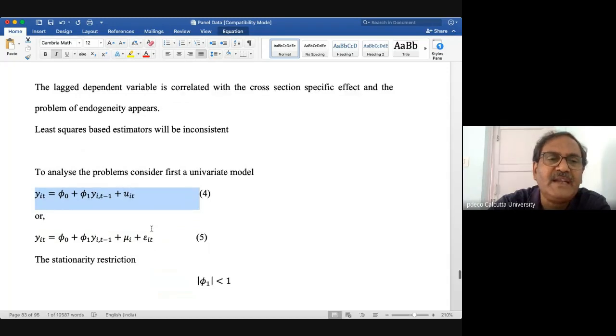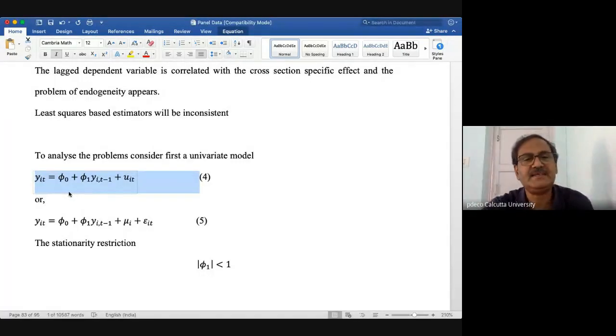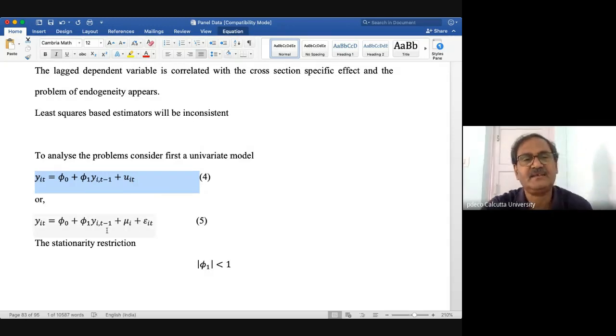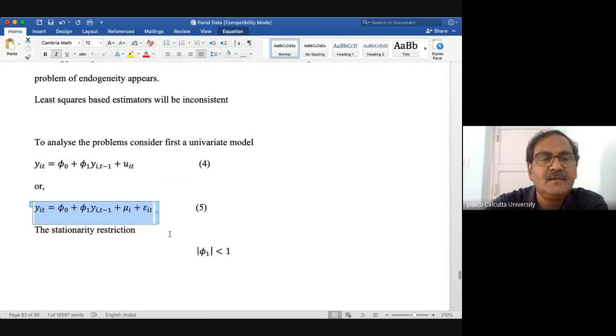Okay, so let us start with the basic univariate model in the panel data framework. This is AR1, y_it is equal to phi naught plus phi 1 y_it minus 1 plus u_it. So if you consider the one-way error component, substitute the value for u_it as mu_i plus epsilon_it. So this is the one-way error component model by taking only one variable y.